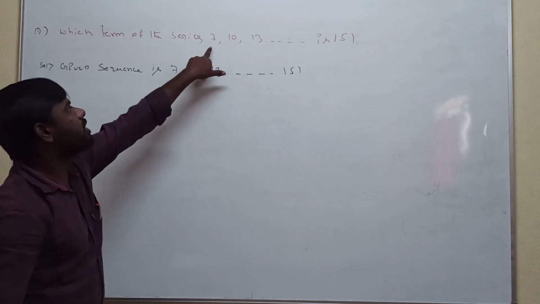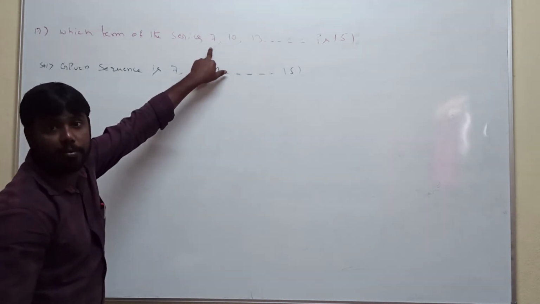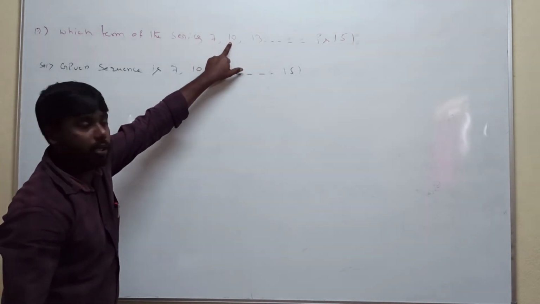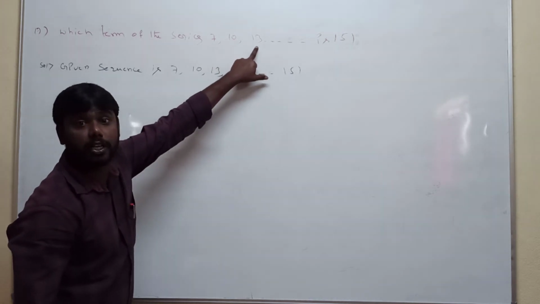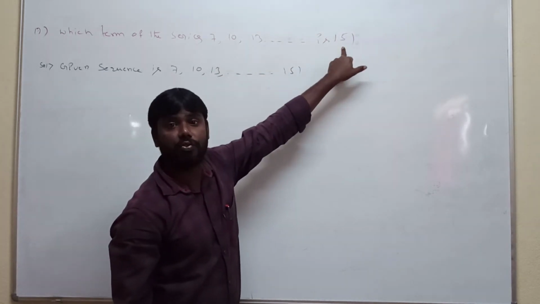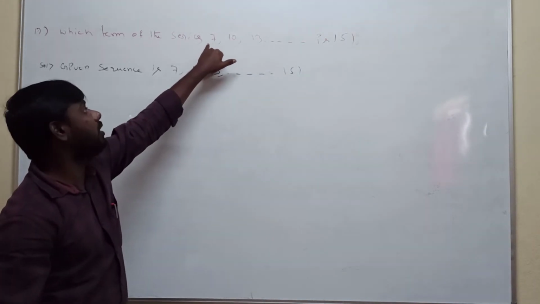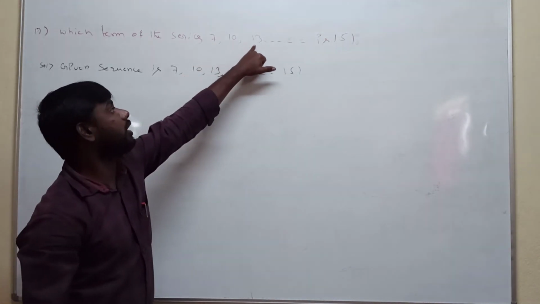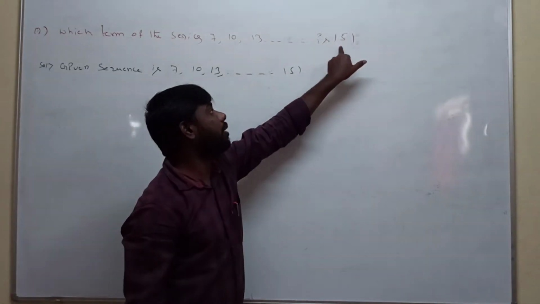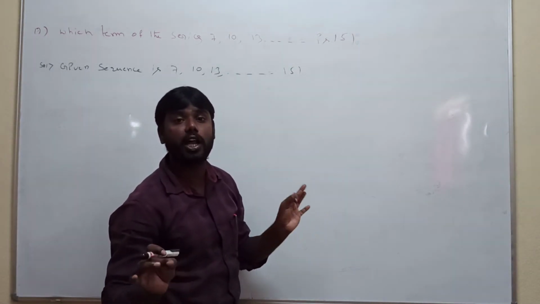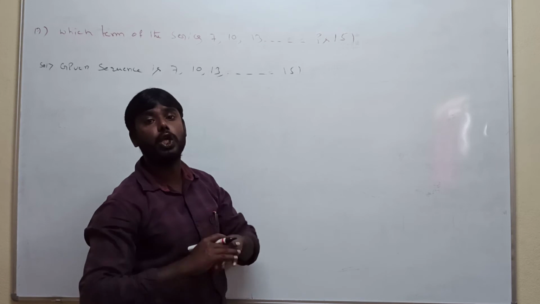Normally, the first term is 7, the second term is 10, the third term is 13. But which term is 151? Easily we have to understand. First term a value is 7, second term is 10, third term is 13. Which term is 151? You don't know.